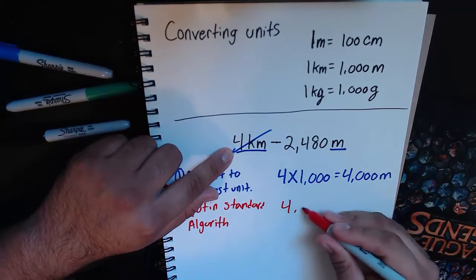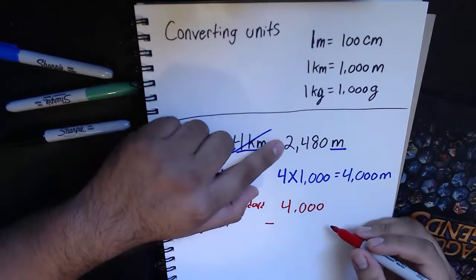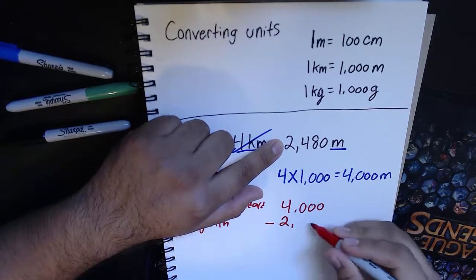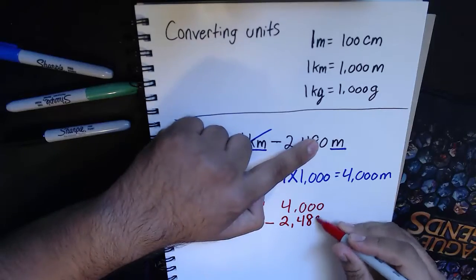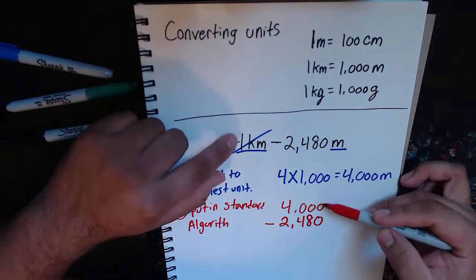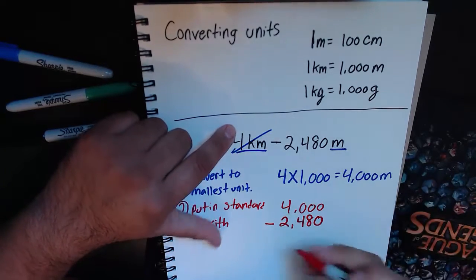So here's my 4,000. And then I'm going to subtract that from the 2,480. So I have my 2, 4, 8, and 0. And I made sure that all my numbers were aligned. So I have my 1s with my 1s, and my 10s with my 10s, my 100s with my 100s, and my 1000s with my 1000s.